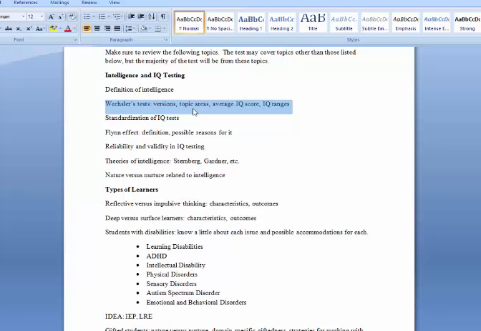Now, we talked about how we have a range of scores, and so once we have your overall composite IQ score, then we're going to look to see what range you are in. Now, technically, any score between 90 and 109 is in the average range. However, 100 is the exact mathematical average for a Wechsler test. So if a person were to make 100 on the Wechsler test, we would say you are exactly where we would expect.